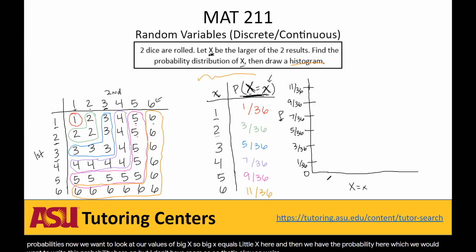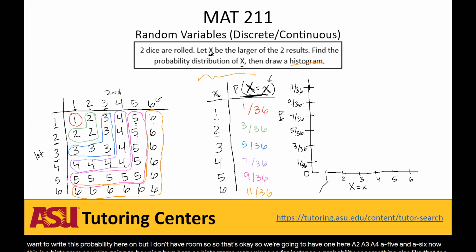We're going to have a 1 here, a 2, a 3, a 4, a 5, and a 6. Now this is a histogram, so we're going to be using bars here. Histograms map values, for instance a probability or something else like that, to individual values.